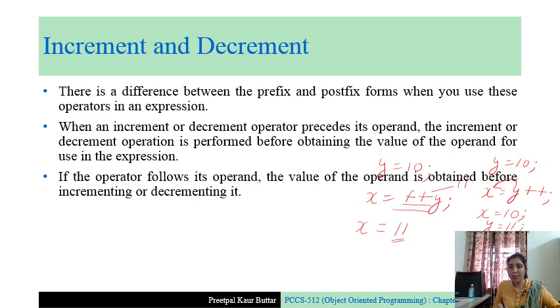So in the first program the value of y became 11, then it was used to assign to x, so x also became 11, but in this the value of y is used first, so x is equal to 10 and then y is incremented. So this is the difference. When you use these in expressions, pre-increment and post-increment are different. Similarly, pre-decrement and post-decrement are also different from each other.